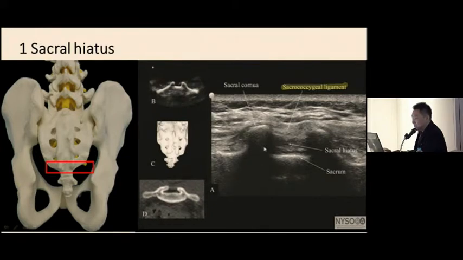You can see the sacral cornu here, the sacrococcygeal ligament, and this is the sacral hiatus. You can use it as a landmark to do the caudal epidural steroid injection, but you should not use just ultrasound alone, because ASRA guidelines don't recommend that. Once the needle passes the outer cortex, you cannot see the needle, so you should have fluoroscopy to guide as well.